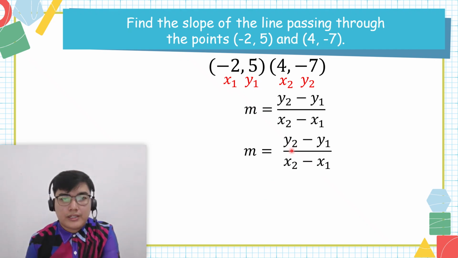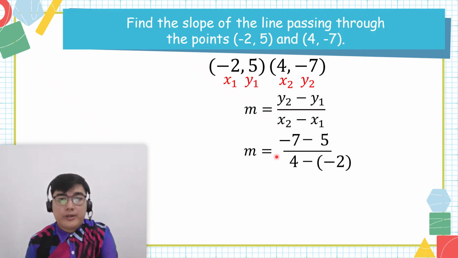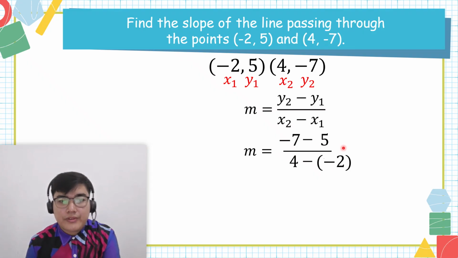First is the value of y sub 2. The value of y sub 2 is negative 7 minus the value of y sub 1, which is 5. The value of x sub 2 is 4 minus the value of x sub 1, which is negative 2. So we come up with negative 7 minus 5 over 4 minus negative 2.